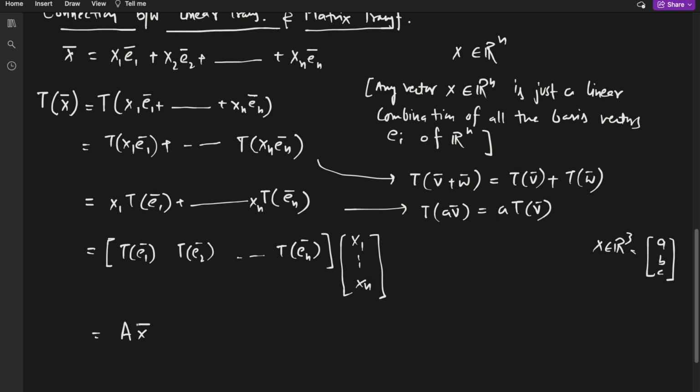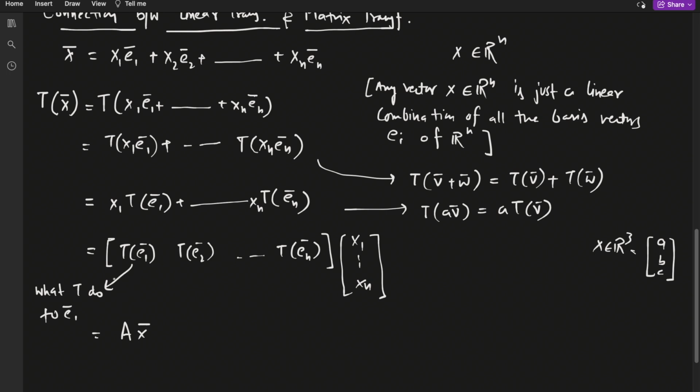As I already told you, every vector x is nothing but a linear combination of its basis vectors. And what is T(ei) here? This is nothing but what T does to the first basis vector e1, how T transforms the first basis vector, how T transforms the second basis vector, and so on and so forth.